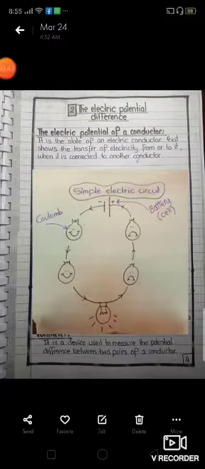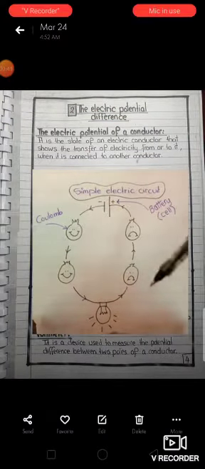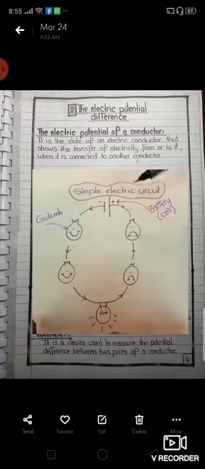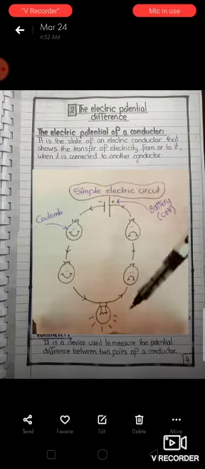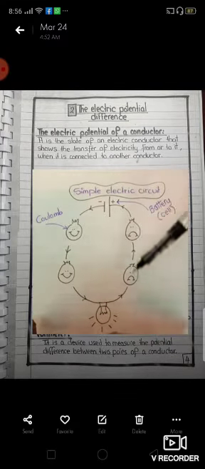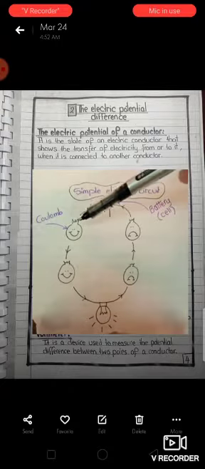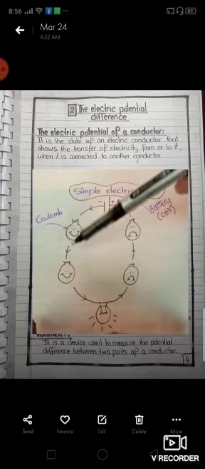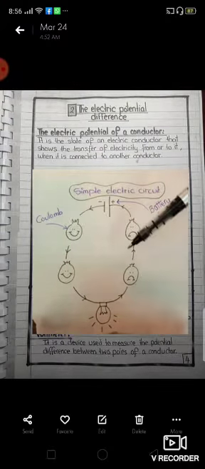To make it easy for you, here is a simple electric circuit which contains a battery or a cell, a lamp, and electric wires. And this is the coulomb, or the electric charge, that passes through the wires. Okay?